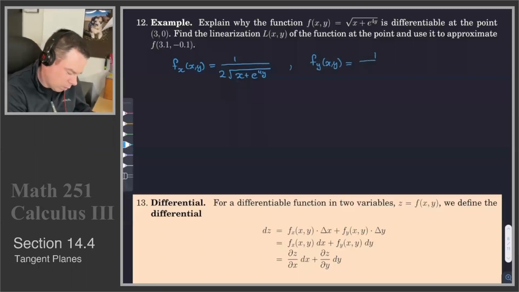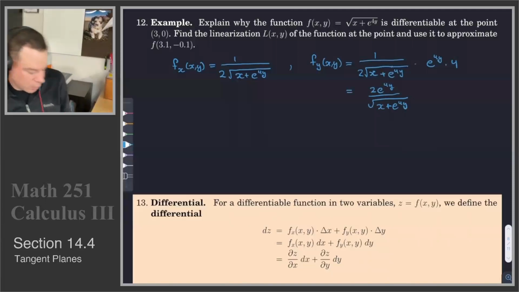That again would be 1 over 2 root (x + e^(4y)) times the derivative of the inside function with respect to y. That would be e^(4y) times the derivative of the inside of that, which is 4. And so that becomes 2e^(4y) all over the square root of (x + e^(4y)). So I cancel the 2 top and bottom.